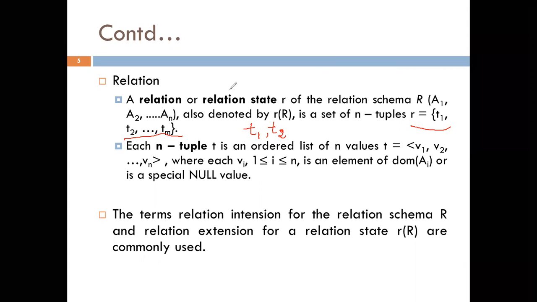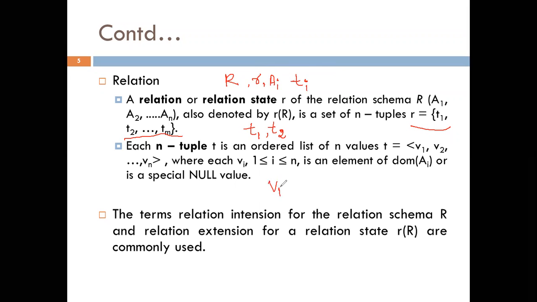Capital R indicates the relation, small r indicates the state of the relation. Capital Ai indicates the attribute i of a relation, and ti indicates the tuple i of a relation. Within the tuple, we will have values for each attribute, which is indicated using v.